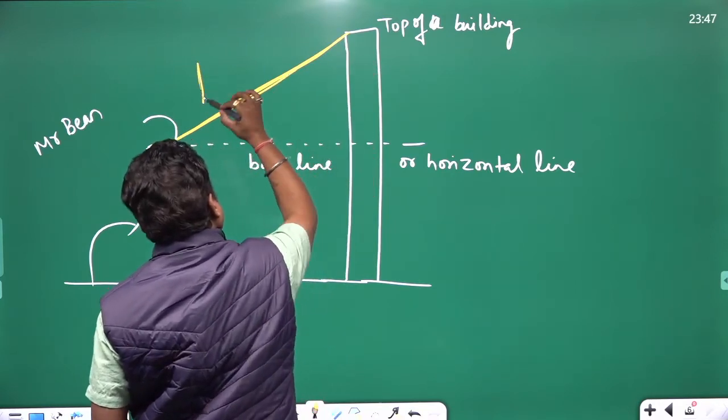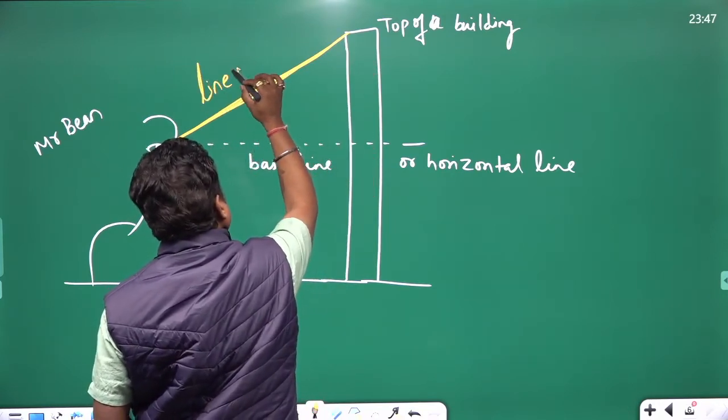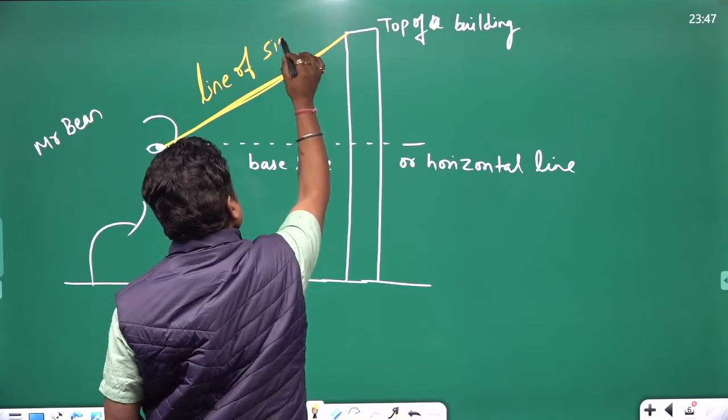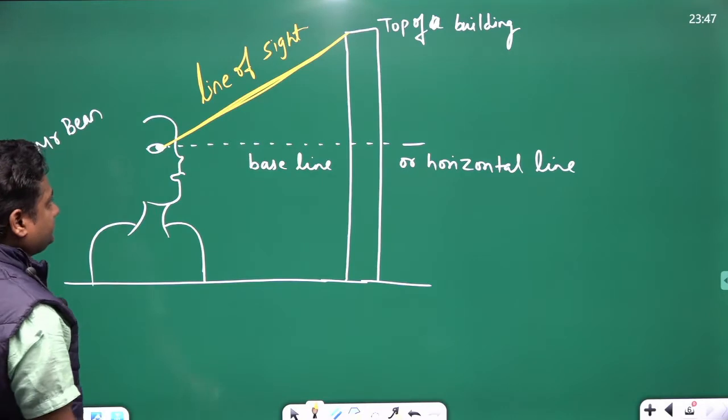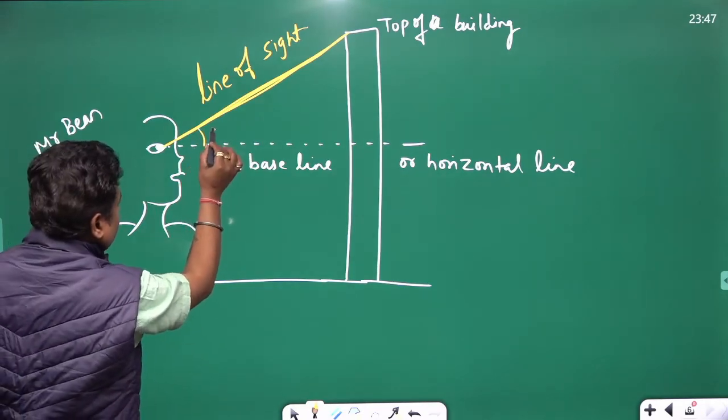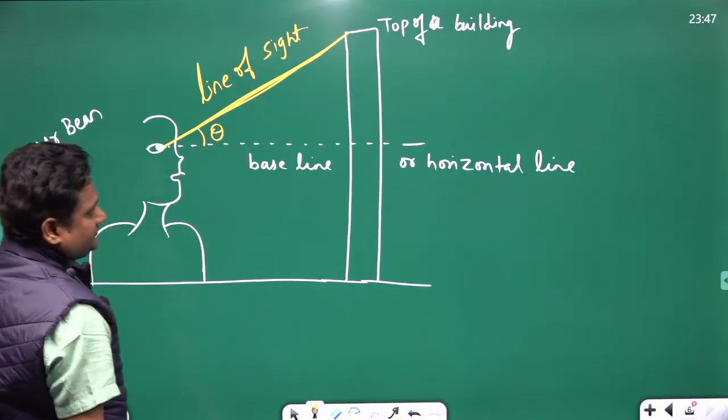This is known as line of sight. And this is known as angle of elevation.